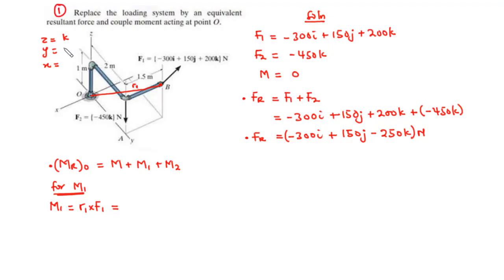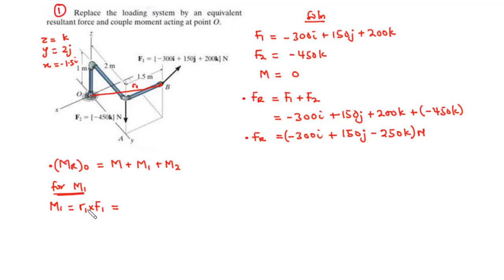So that becomes 2j, and then from this point through to point B, we are going to move a distance of 1.5 meters. However, that is along the negative x-axis, so it becomes a negative value. So this is negative 1.5 i.